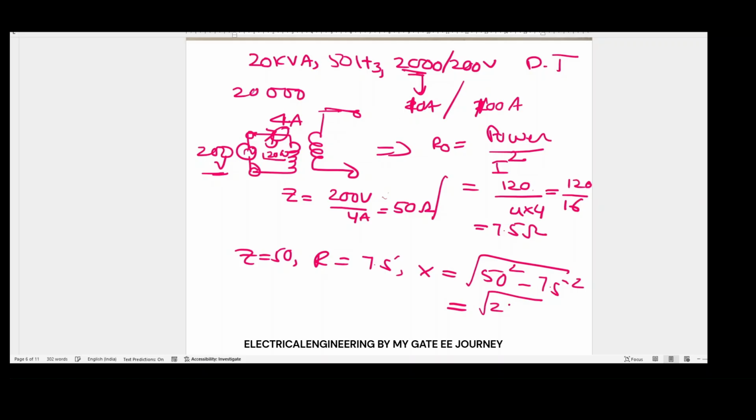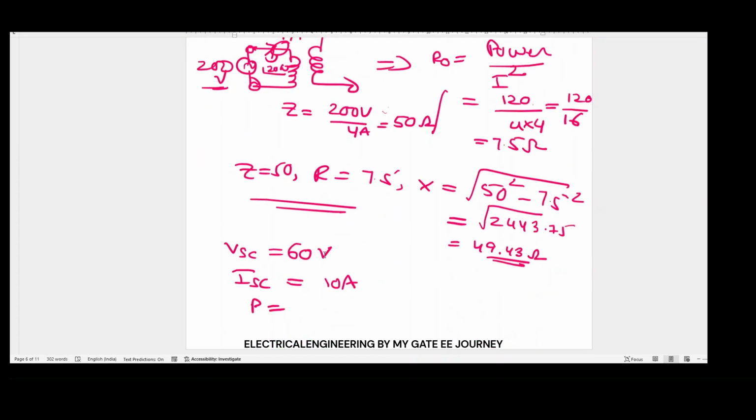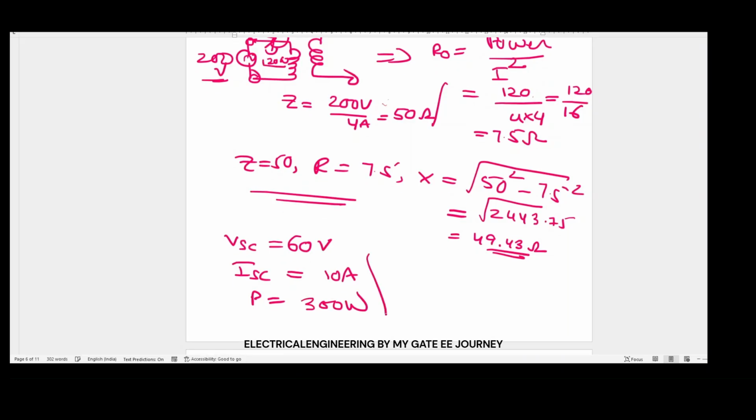In the same method, he has given the SC test with LV shorted. We know V_SC is 60 volts, I_SC is 10 amps, and input power is 300 watts. From here, you can calculate R equivalent as 300 by 10 squared, which is 3 ohms.